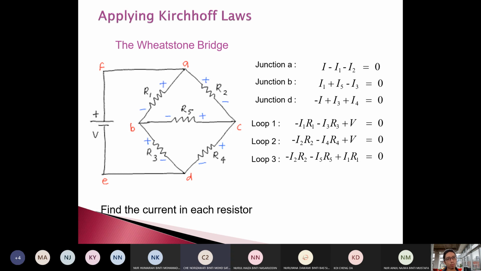Meaning that I equals I1 plus I2, or I minus I1 minus I2 equals 0. And at junction B, you have I1, and then you have I3, and then you have I5 coming in that direction.